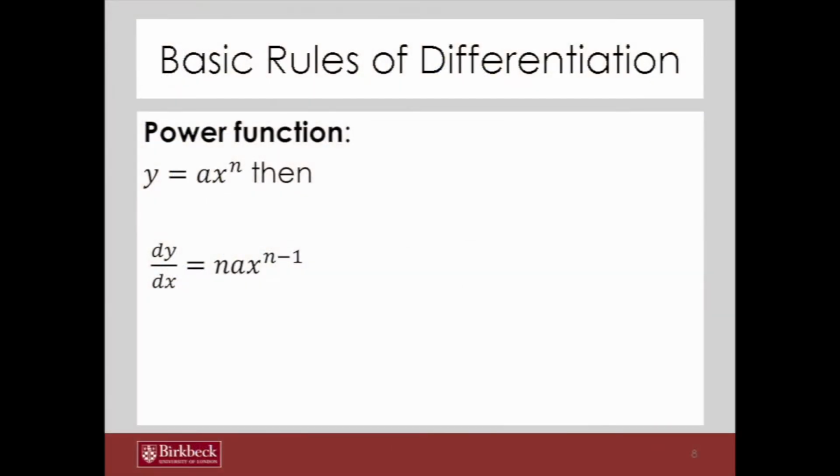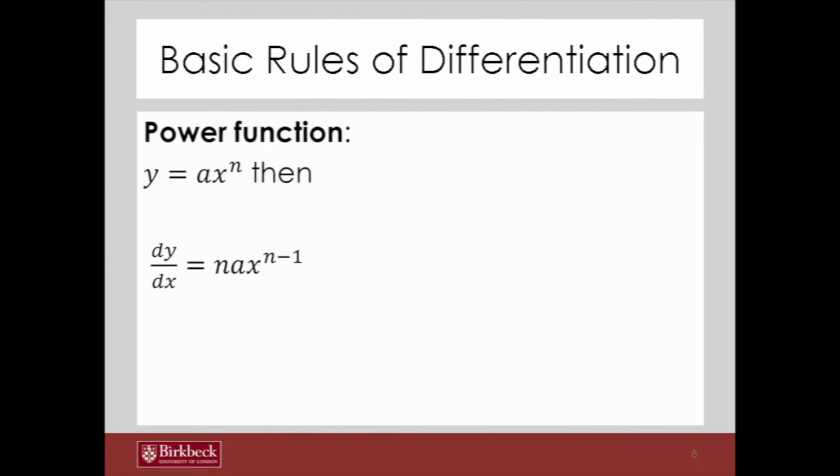I'm going to introduce you to one more rule of differentiation. Now, differentiation can get a bit more complicated because you can introduce all sorts of different functions: product functions, quotient functions, logarithmic functions, exponential functions. So if you want to take differentiation further, you can look at other videos and learn a little bit more about it.